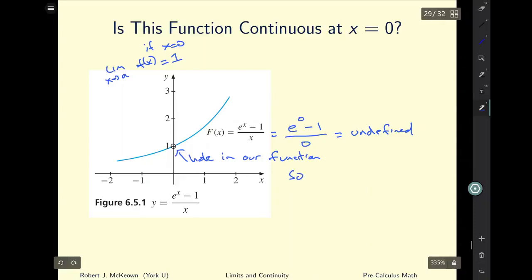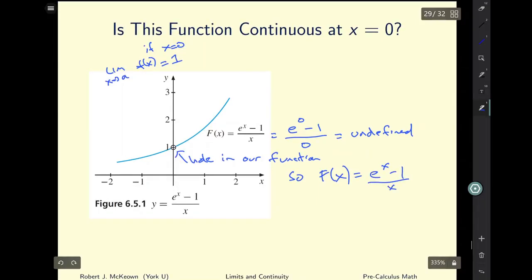So f of x here is discontinuous when x is equal to 0. So there's a hole in this function, and the function is discontinuous when x is equal to 0.